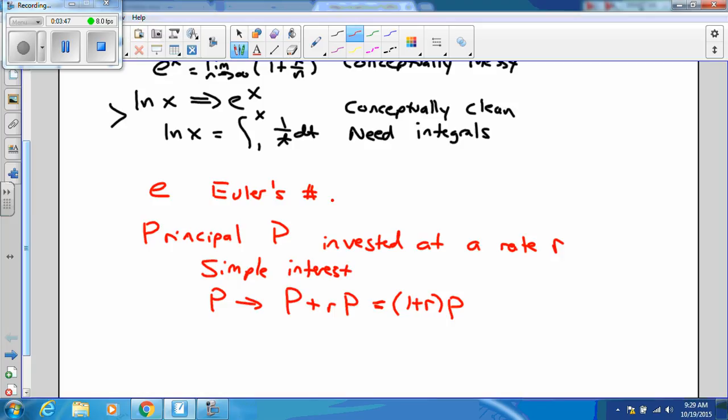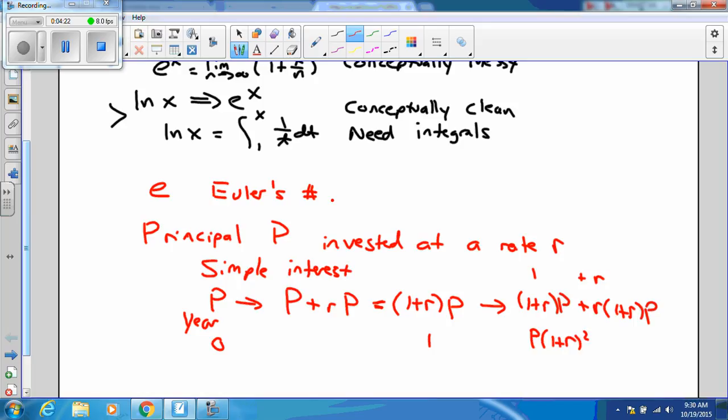And if I now do this a second time, so this is year 0, this is year 1. If I do this a second time, then I will get all of the money that I had at the end of year 1, plus the interest rate times that. And at first it looks like this is going to spiral out of control algebraically, but then we realize I've got a common factor of 1 plus R times P. And when I factor out that common factor, lo and behold, I have 1 plus R times that common factor.